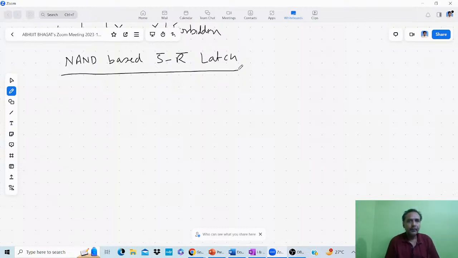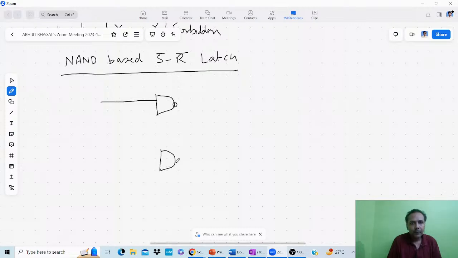So here the circuit is same as the previous one. Two NAND gates are used here. This is S bar.